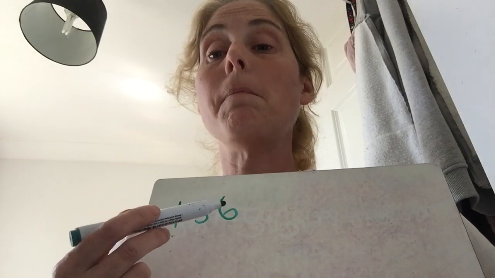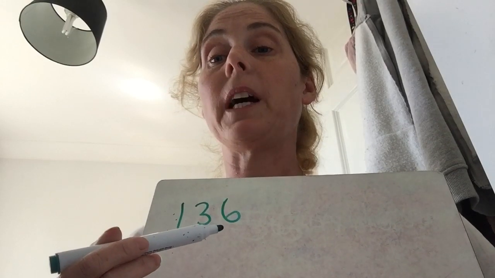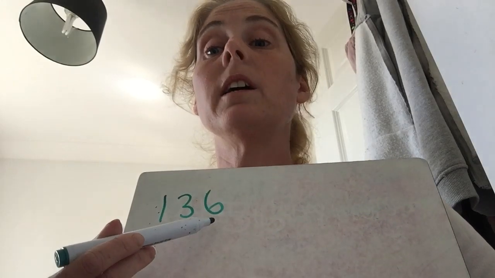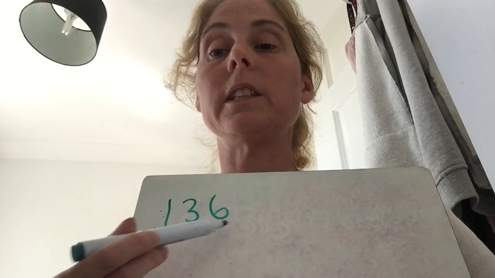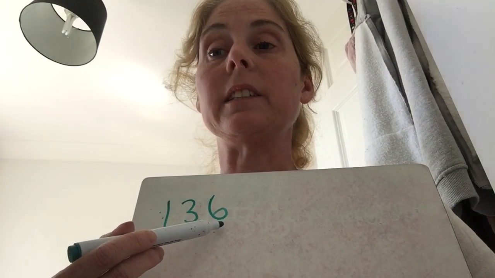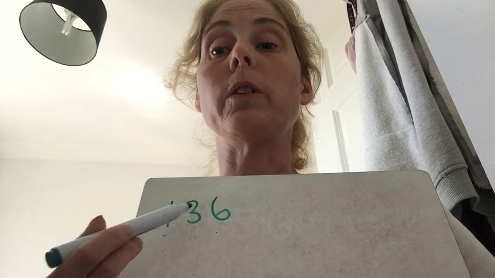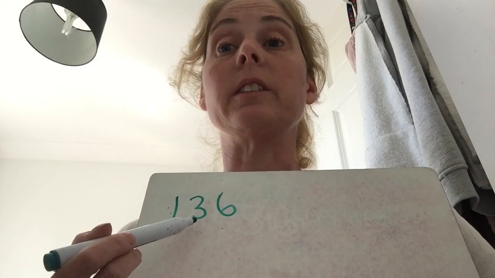Okay, so remember where we always say that the ones number comes. Where does the ones number always come? At the end. Okay, so the ones number is always at the end. And remember then which number always comes before the ones number? It's always the tens.